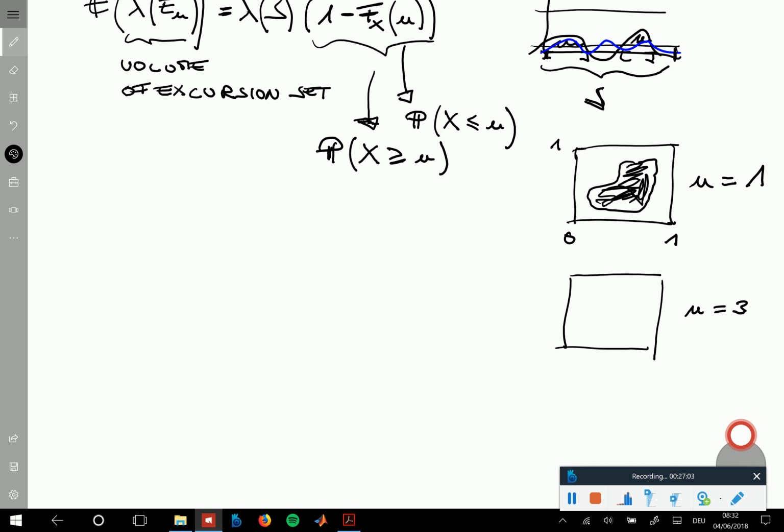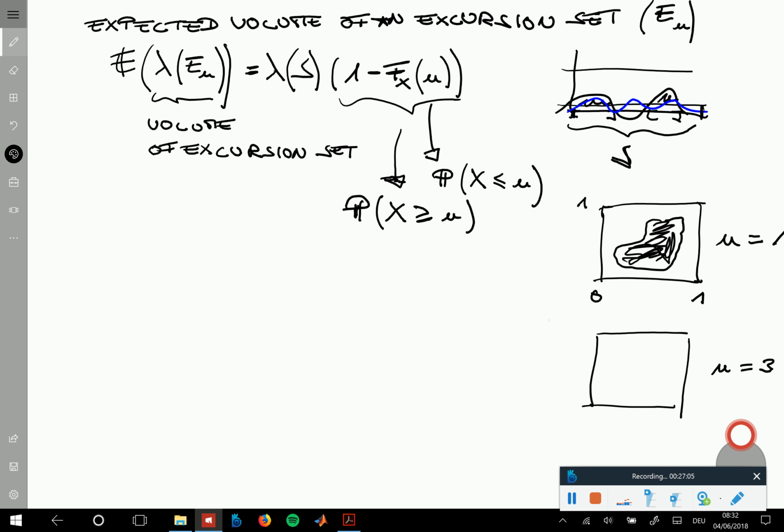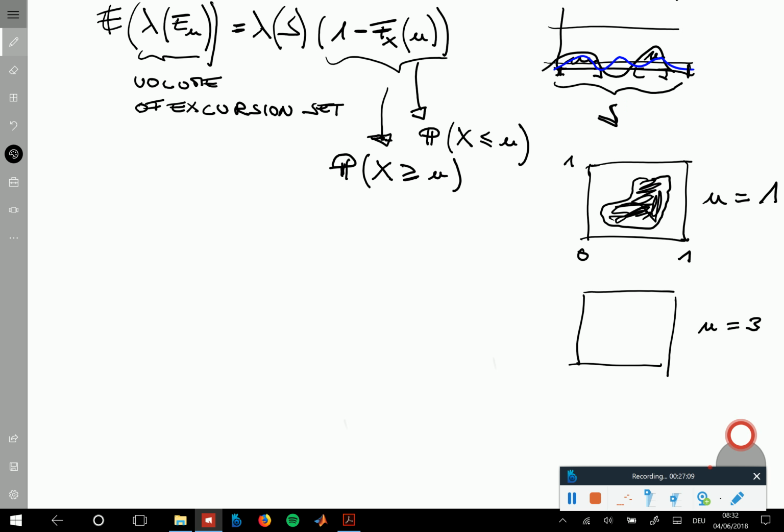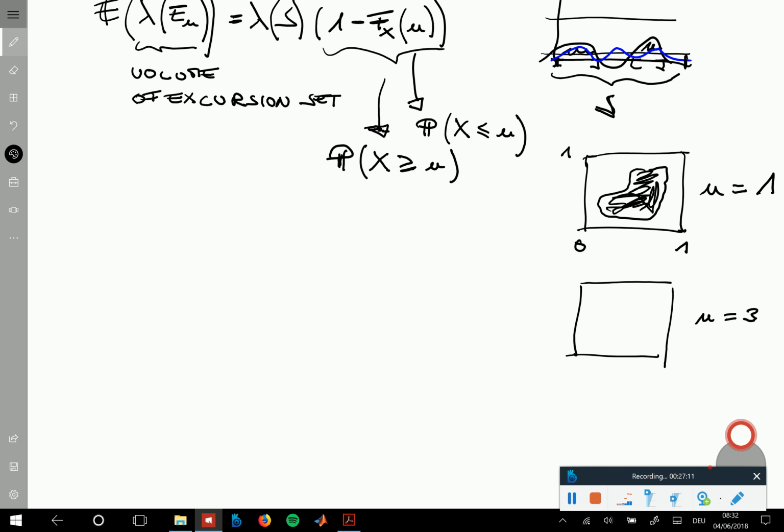Then effectively the expected volume of the excursion set is also smaller. Yeah. So if, let's say, at this threshold there's only a 20% chance for all these random variables to take on values larger than u, then the expected volume of the excursion set is also smaller and only amounts to 20%. Yeah.